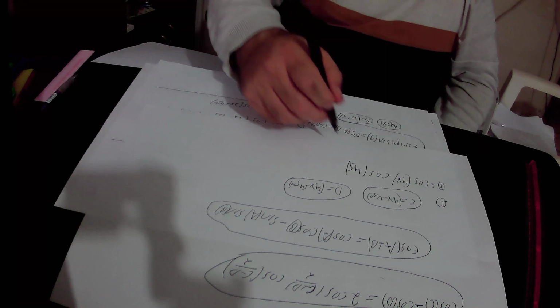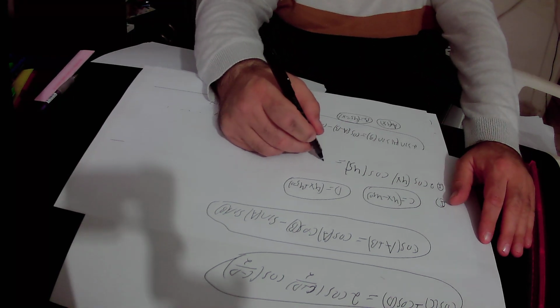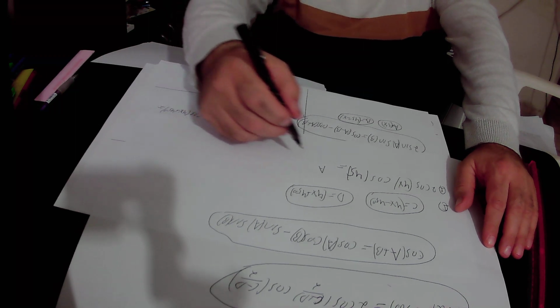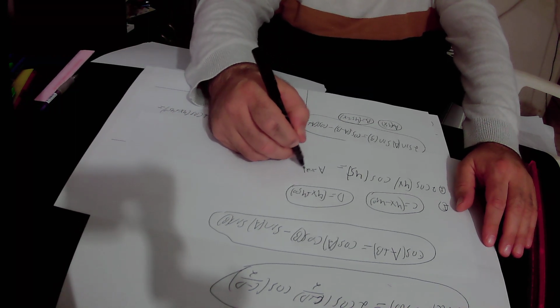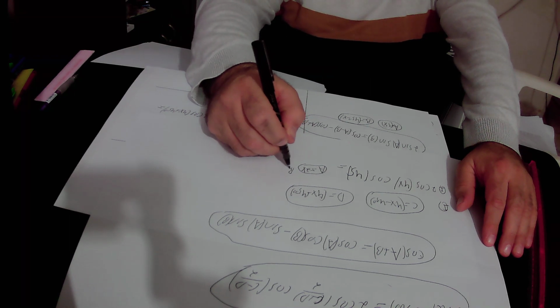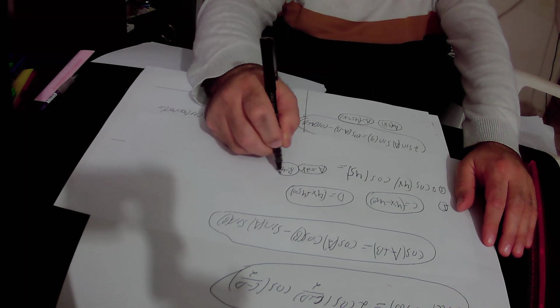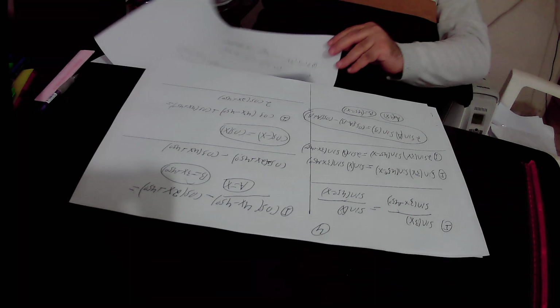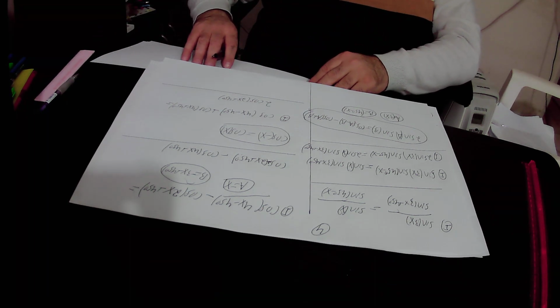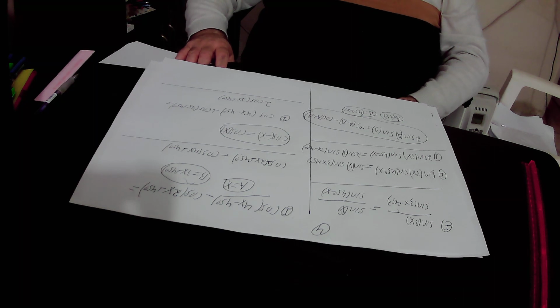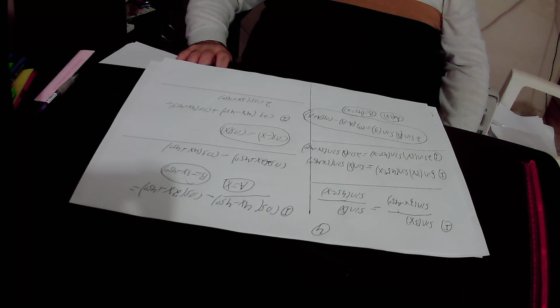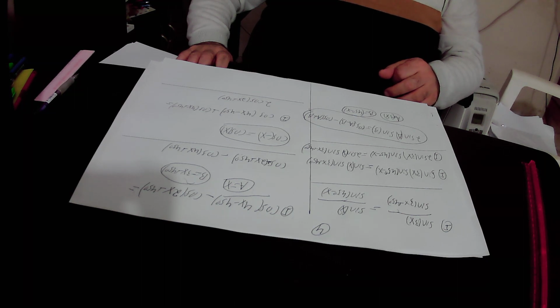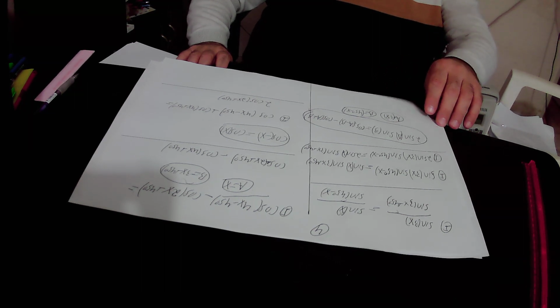So here we know that A equals 2x, B equals 45 degrees, so cosine 2x plus 45 degrees is actually cosine A plus B, that is actually cosine A times cosine B minus sine A times sine B.